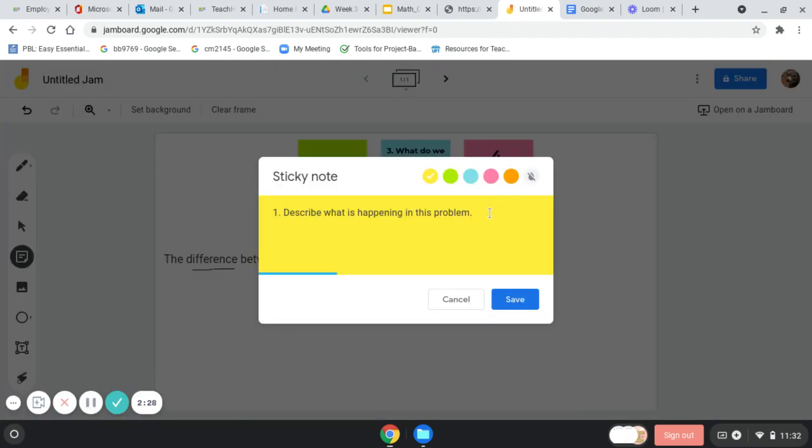What's happening in this problem? We are taking two numbers and we will subtract them. Afterwards, we will take the difference and divide it by another number.